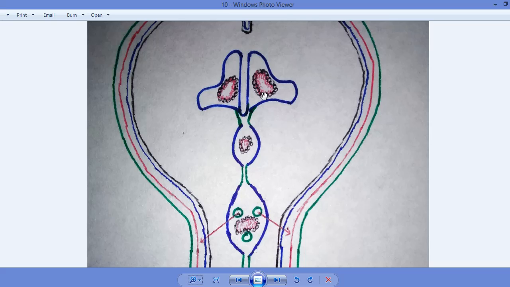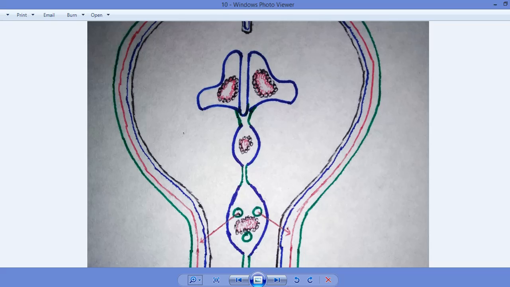All of the ventricles contain a bunch of capillaries, and these are called what? The bunch of capillaries all around in the ventricles are called choroid plexus. So the formation of the cerebrospinal fluid occurs by the choroid plexus.